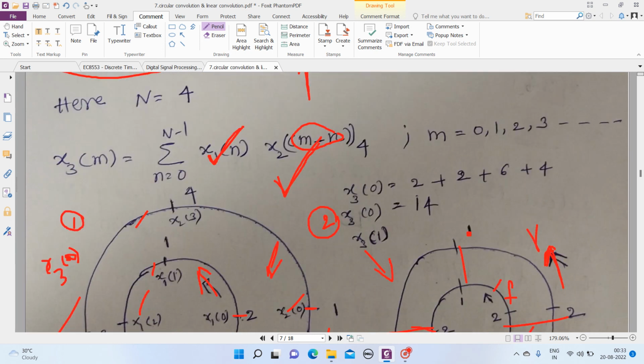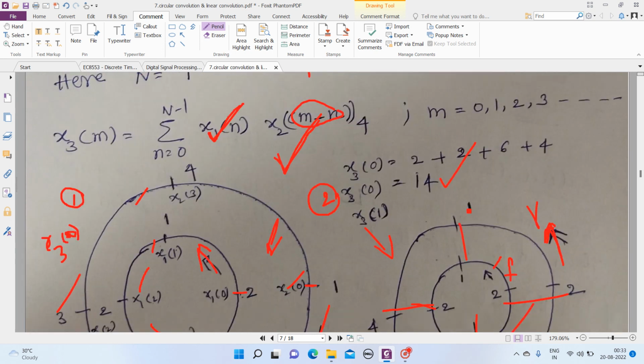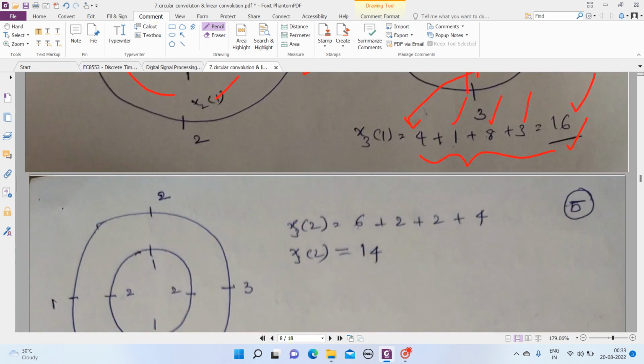So x3 of 0 is 14. This is x3 of 1 is 16.